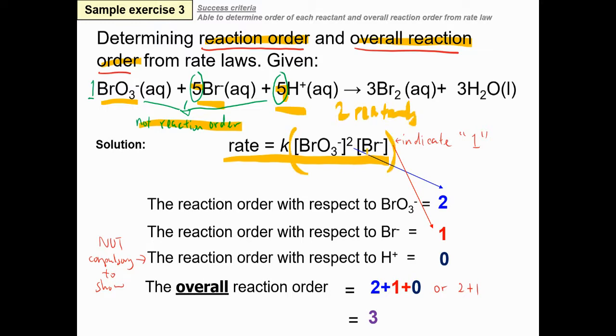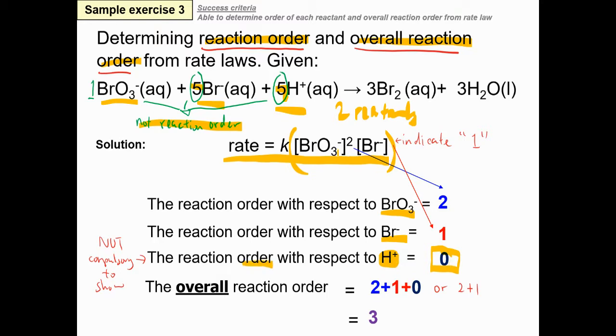It means that one of the reactants is 0 order. Which one is not inside? Hydrogen ion. So hydrogen ion is 0 order. The question asks to determine the reaction order, and reaction order refers to each reactant. So we know that for H plus, the order of reaction is 0.